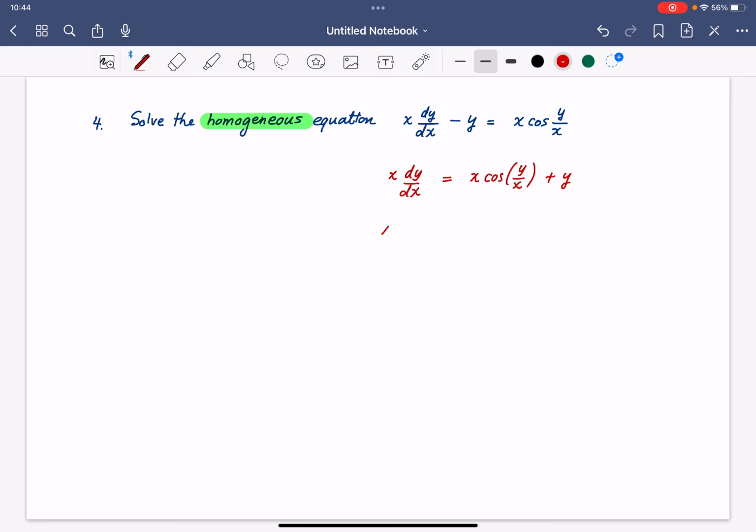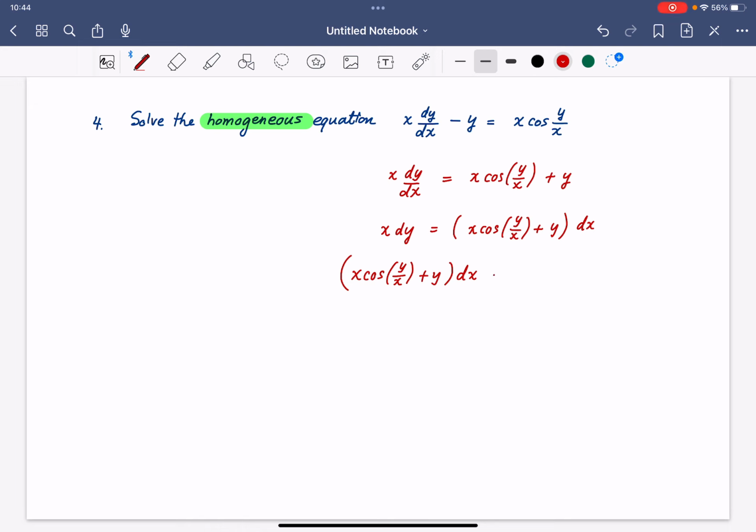And then now I have x dy equal to this thing, everything here, dx, and then now you have x cosine y over x plus y here, dx.